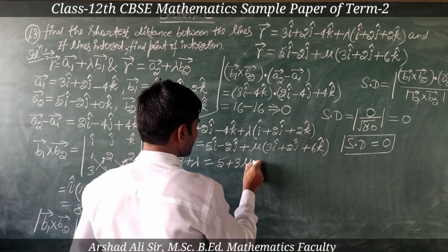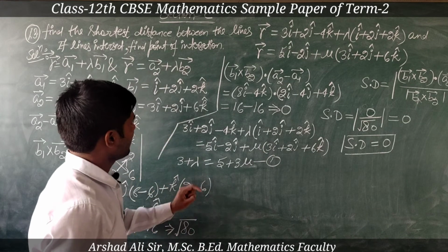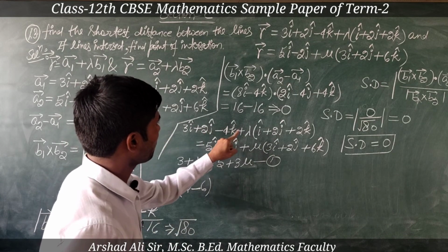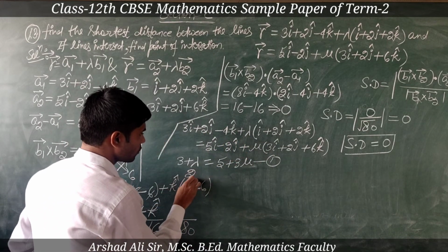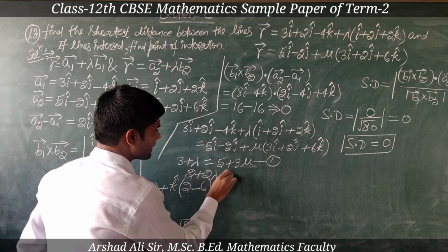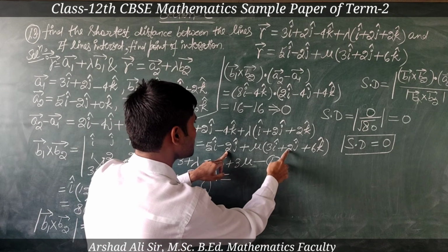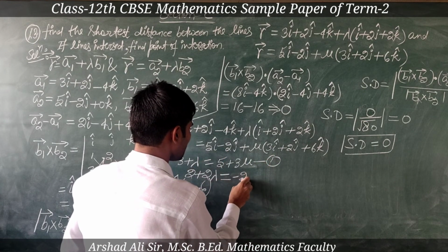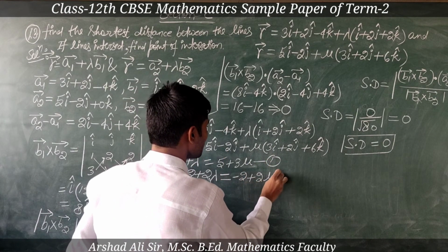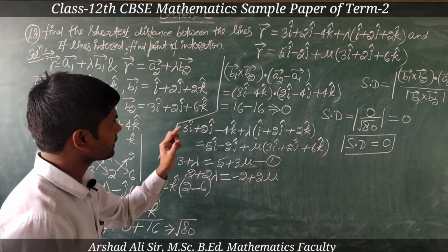We can consider this equation first. 2 plus 2 lambda is equal to minus 2 plus 2 mu, which is the coefficient of j cap.